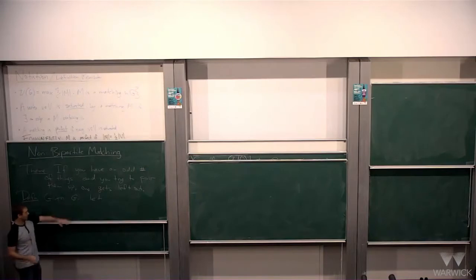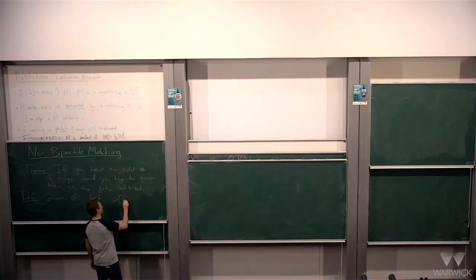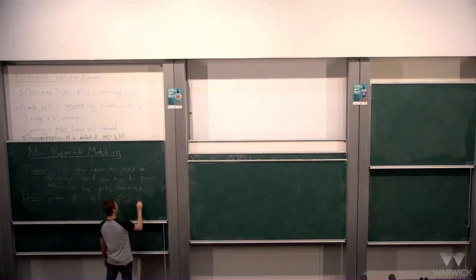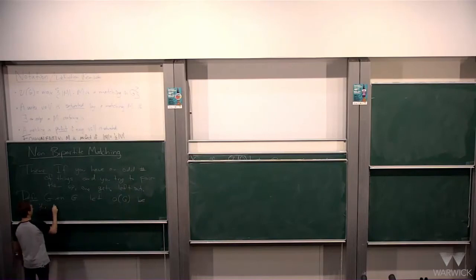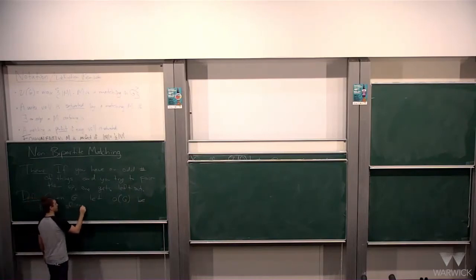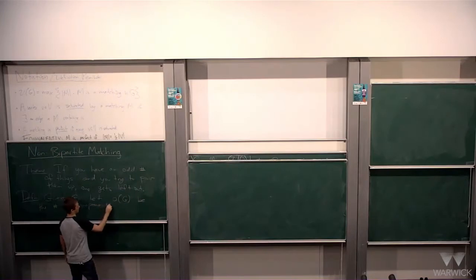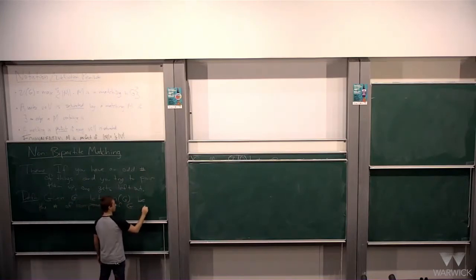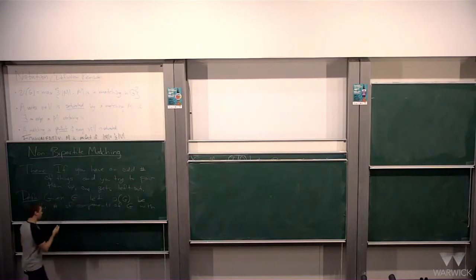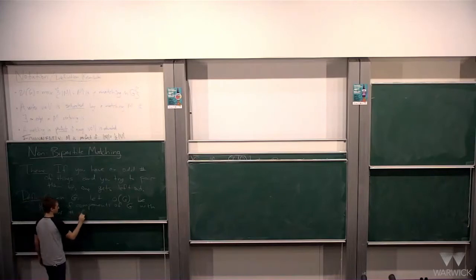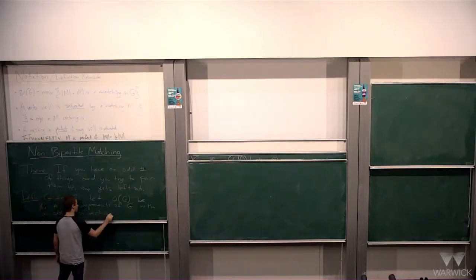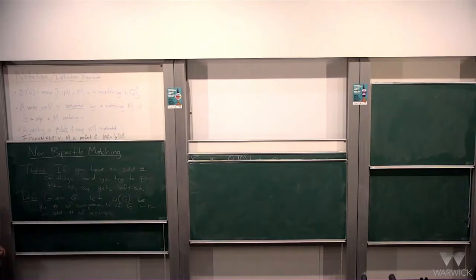But think of this graph, for the moment anyway, as having many components, and we let O of G be the number of components of G with an odd number of vertices. Sometimes I'll say an odd component; an odd component just means a component with an odd number of vertices.